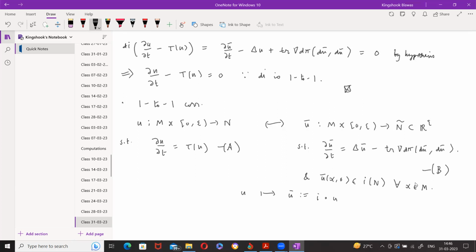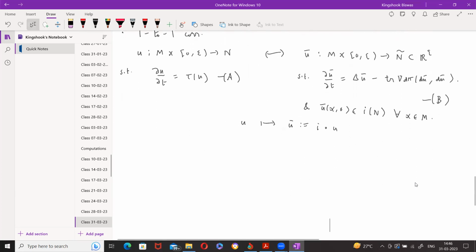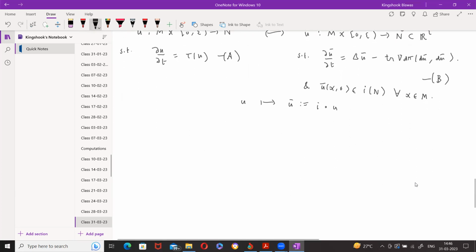So what we're actually going to prove is short-time existence for solutions of this equation in R cube. Okay, that's what we're going to prove. And as a consequence, we'll get short-time existence for solutions of the harmonic maps heat flow. All right. Okay.